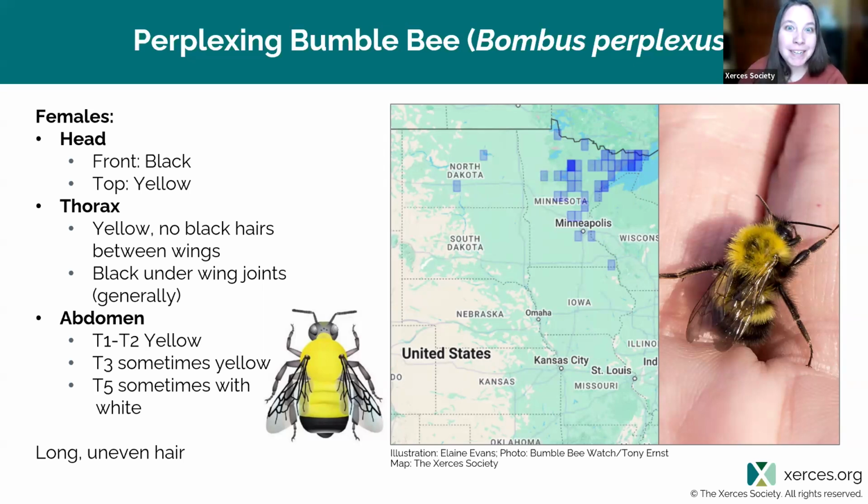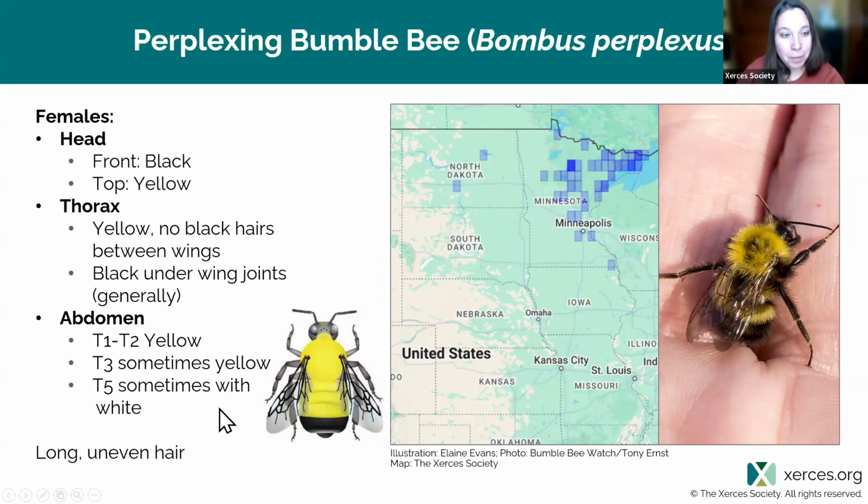The perplexing bumblebee gets its name because it is hard to identify. It's perplexing or confusing to ID to species because it has really highly variable color patterns. Working from the abdomen to the head, the abdomen of this bee can have a lot of yellow, or it can have less yellow.